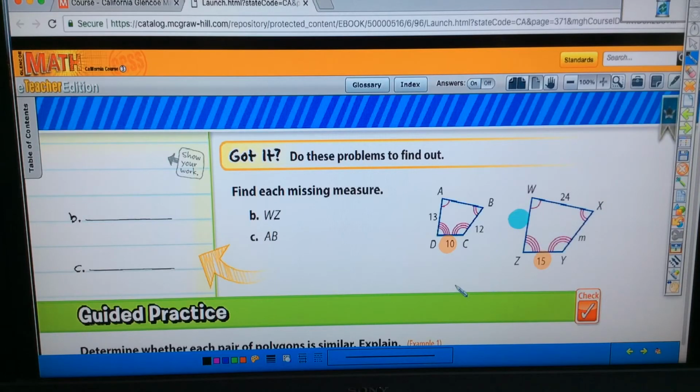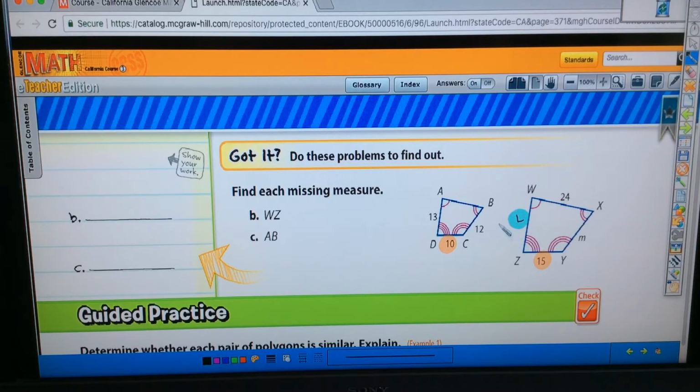You can call it any letter you want as an unknown. How about we call it L? It doesn't really matter. It's just a label. So I want to know what this is. I don't know what it is.